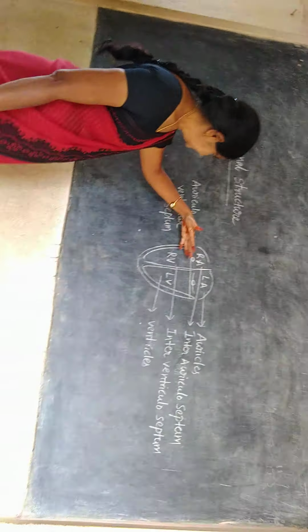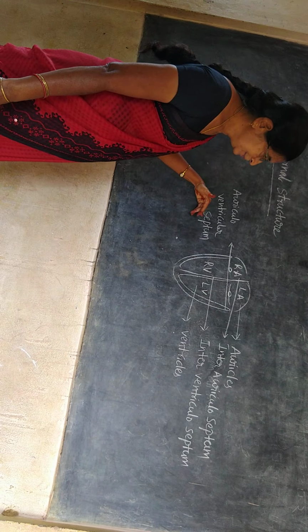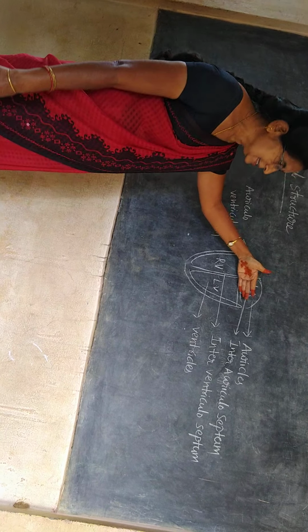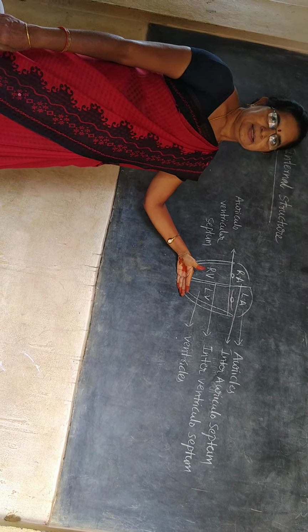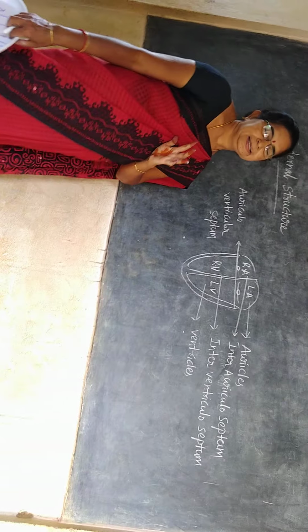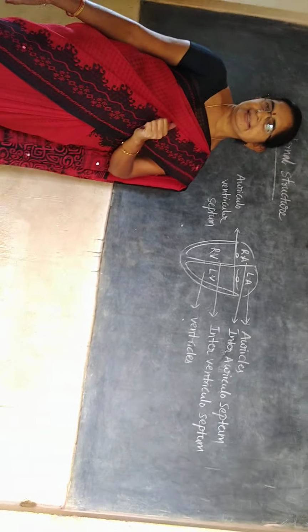The auriculoventricular septum will divide the auricles and ventricles. Then it is a four-chambered heart. And how is it connected? It is connected with two apertures.